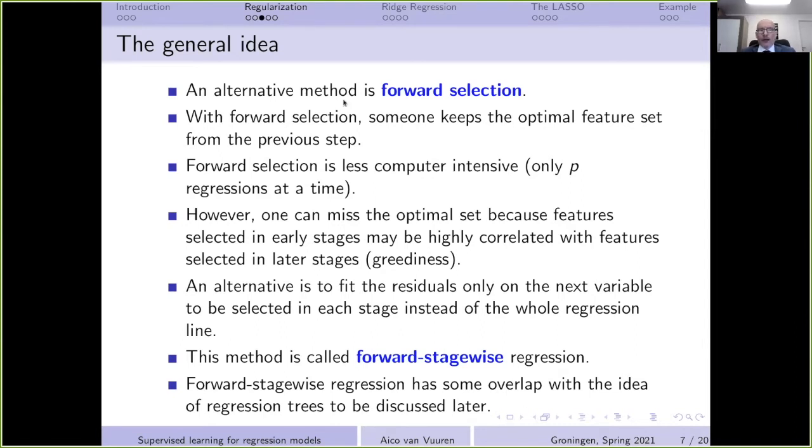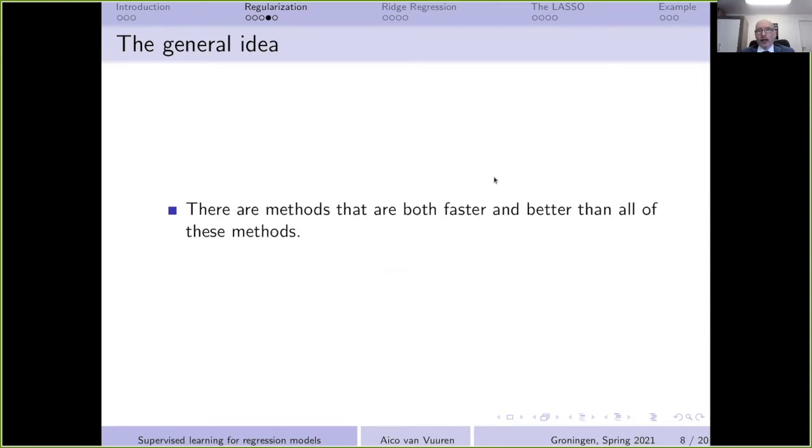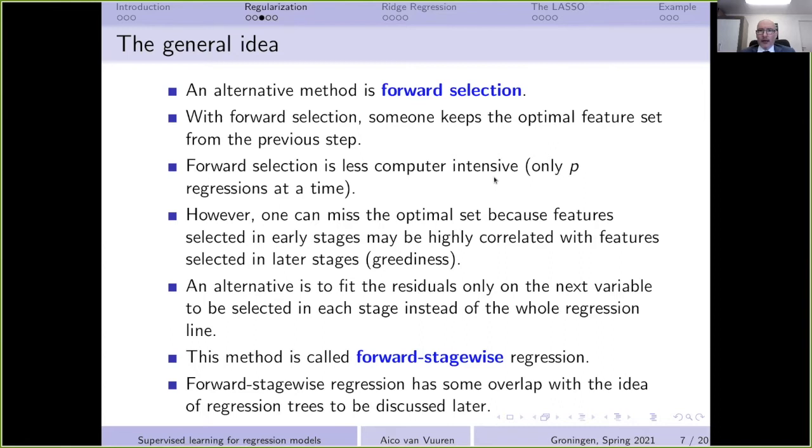Well, you should realize that, of course, forward selection is going to be much less computer intensive. To give you an example, in the first stage, at alpha equal to 1, we have exactly the same: with subset selection, we had p different regressions, and that's also the case if alpha is equal to 1 for forward selection.